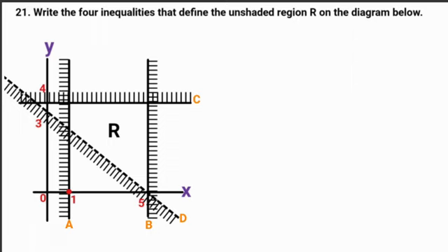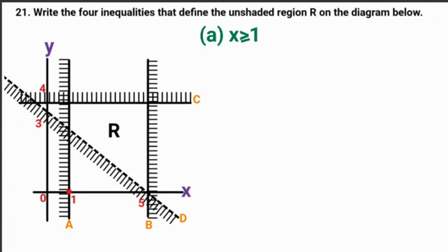So R is greater than the shaded part of line A. So we can write the inequality for A as x is greater than or equal to 1.